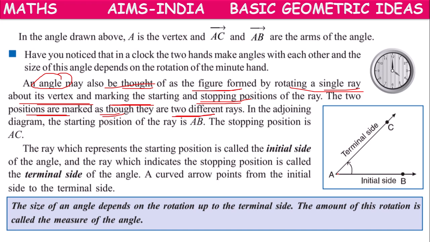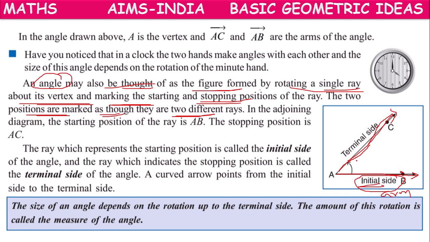Suppose AB is the ray here, the initial ray, initial side, initial arm. From here, we are rotating AB such that its stopping position is AC. We are rotating AB from the initial point to the terminal point C.